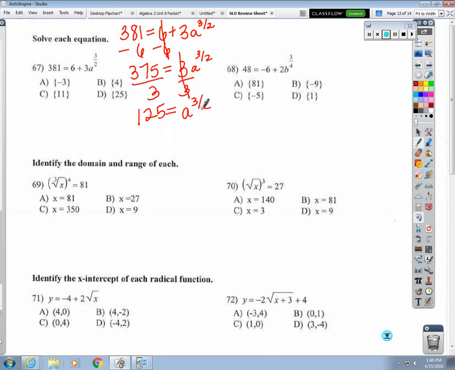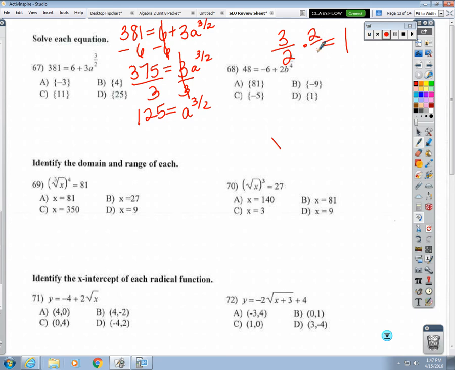125. Now, how do you now isolate the a? How do you get this exponent of 3 halves to go away? Okay, look, we want it to equal 1 so that it'll cancel, right? Isn't that the goal? If you make something 1, it's like canceling it out because you don't have to write a 1. 3 halves times what is 1? 2/3.